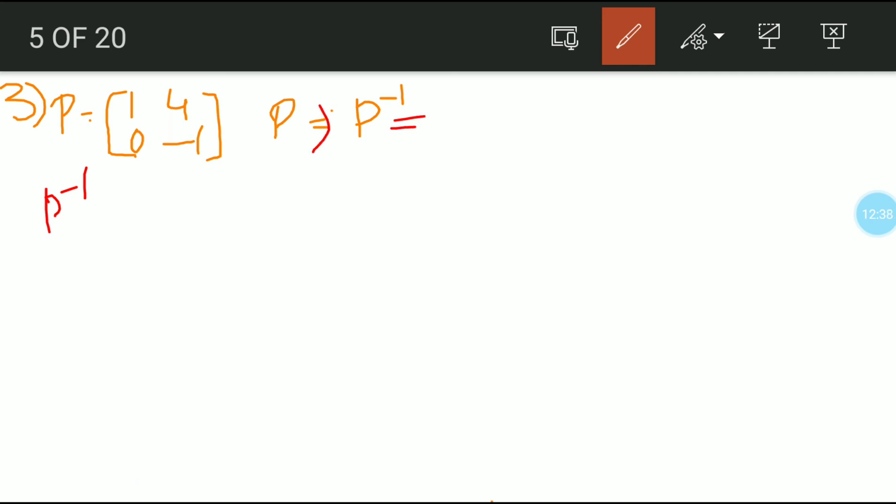The formula is 1 by AD minus BC. This is the actual thing I was writing all this time: AD minus BC, that is 1 into minus 1, minus 4 into 0. You can write it directly, or in the form I gave earlier.